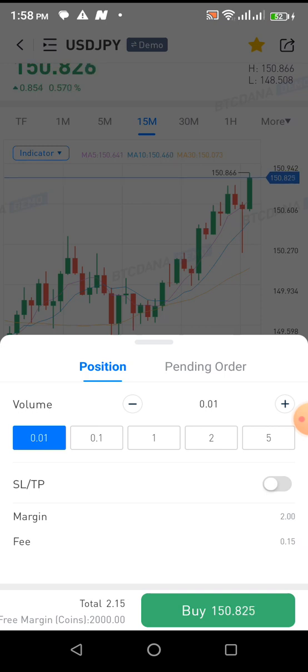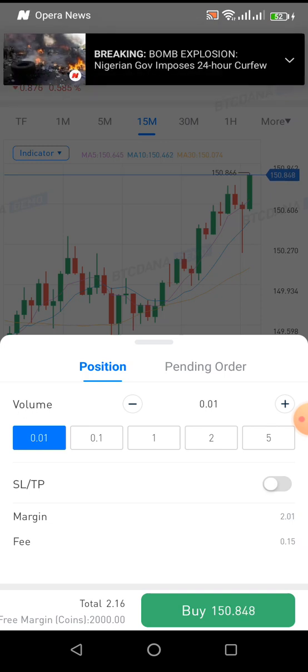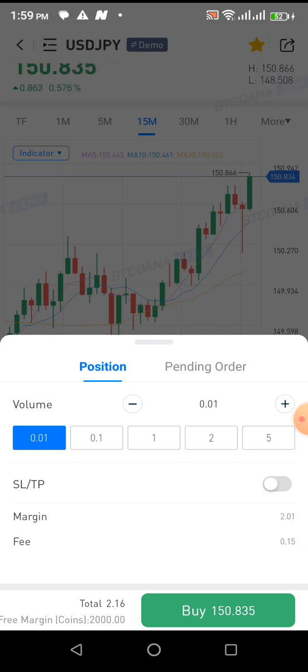For example, if you deposited 7,500, 10,000 naira, or 15,000 naira on this platform, you cannot trade gold, because the margin required to trade gold is more than your money can cover. That 10,000 cannot cover it.